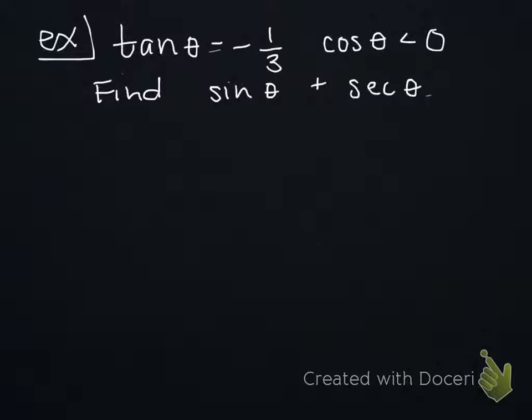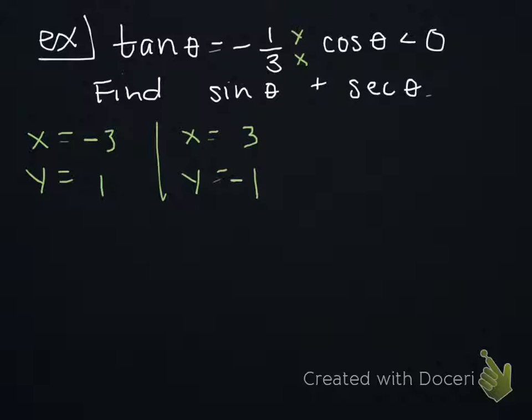So again, we're going to lay out our 2 possibilities. So remember, tangent is y over x, so my x is 3 and the y is 1, and what changes them both is the negative. So here we're going to make the 3 negative. Second time we'll make the y negative.